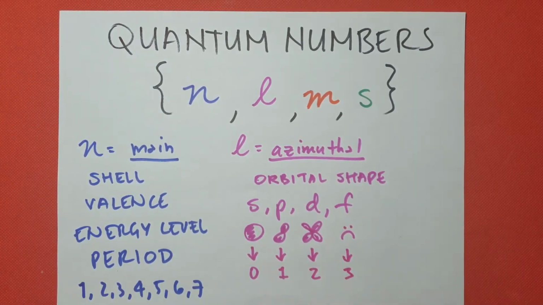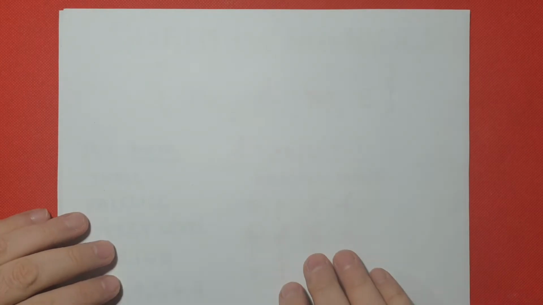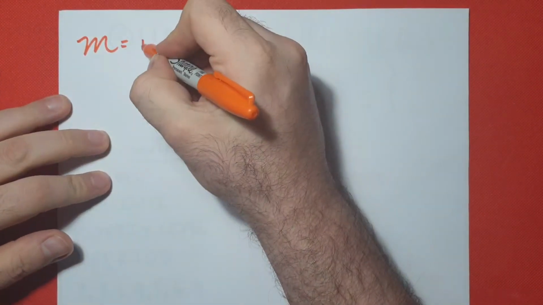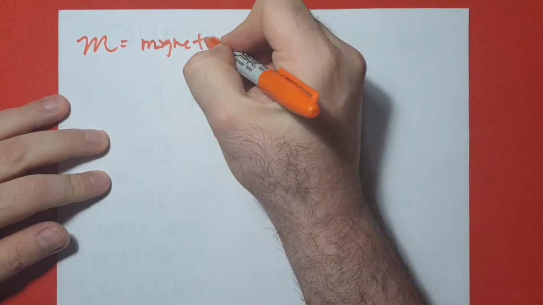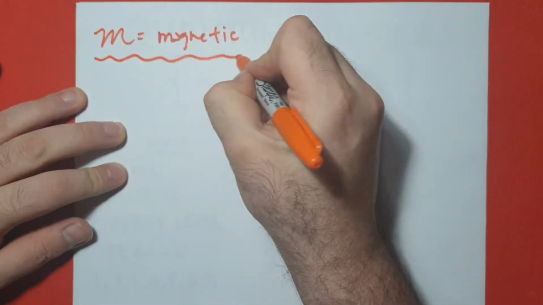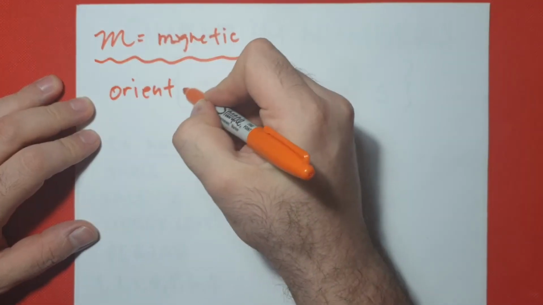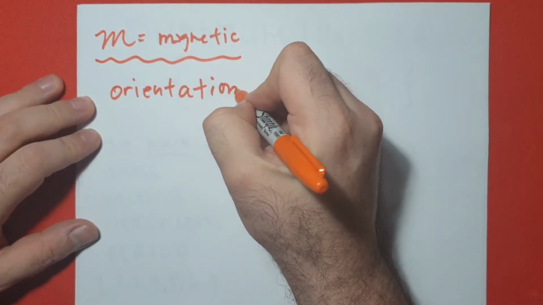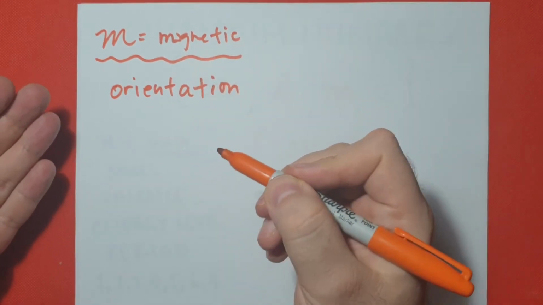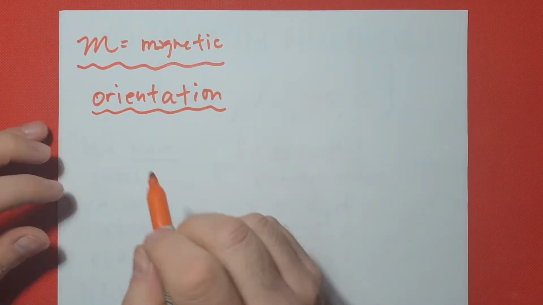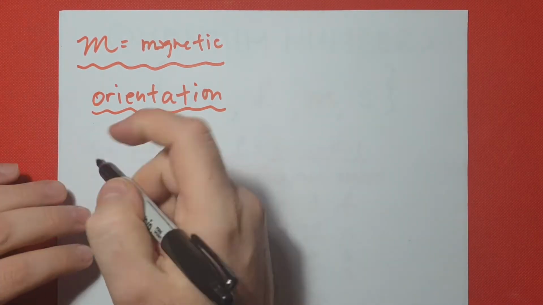So we have spoken about two of those different quantum numbers. Now, when we speak about M, it is the magnetic quantum number, okay? And this can also be a synonym of orientation. So this means how the orbital itself, how the L number, which is the pink one that we drew, is actually oriented in space. And for this, we can take the example of a p orbital.